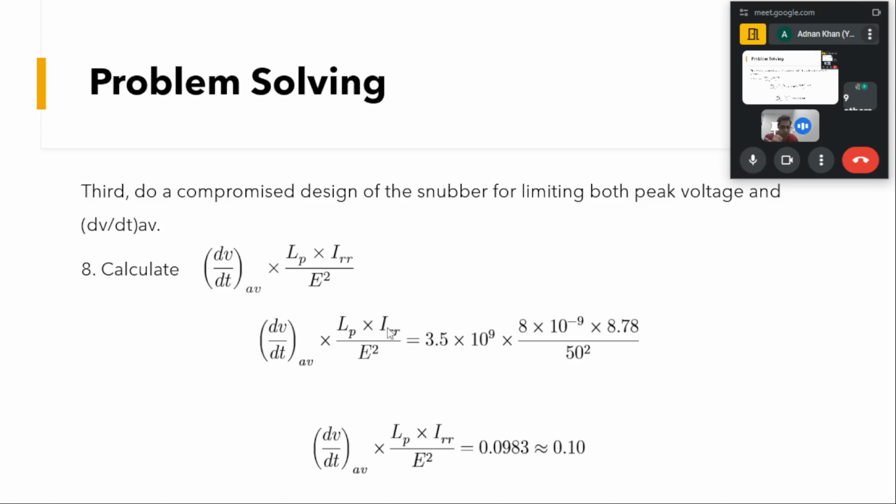IRR we had already calculated, it was around 8.78 amps, and E we know is given as 50 volts. If you solve this, it comes out to be around 0.0983. We can round that off to 0.10. That is the answer to this eighth question.